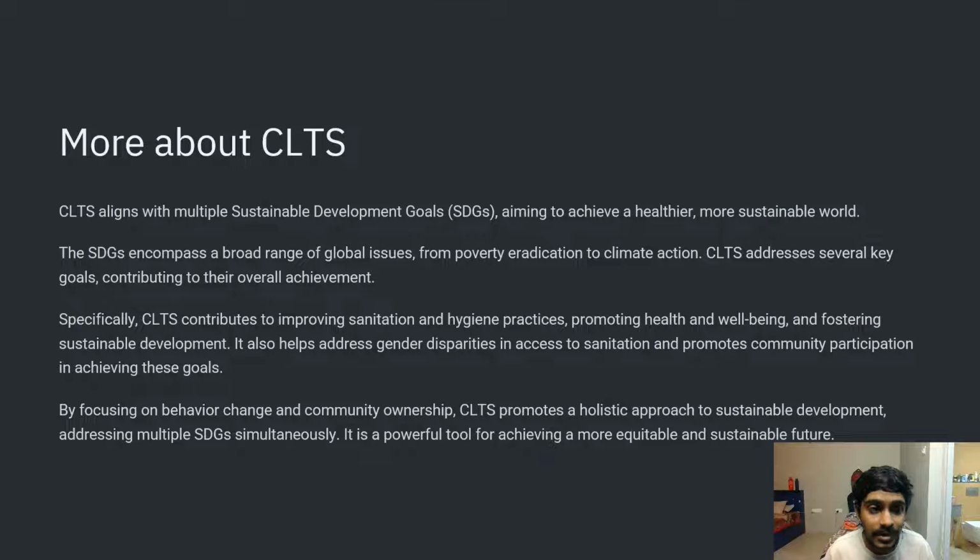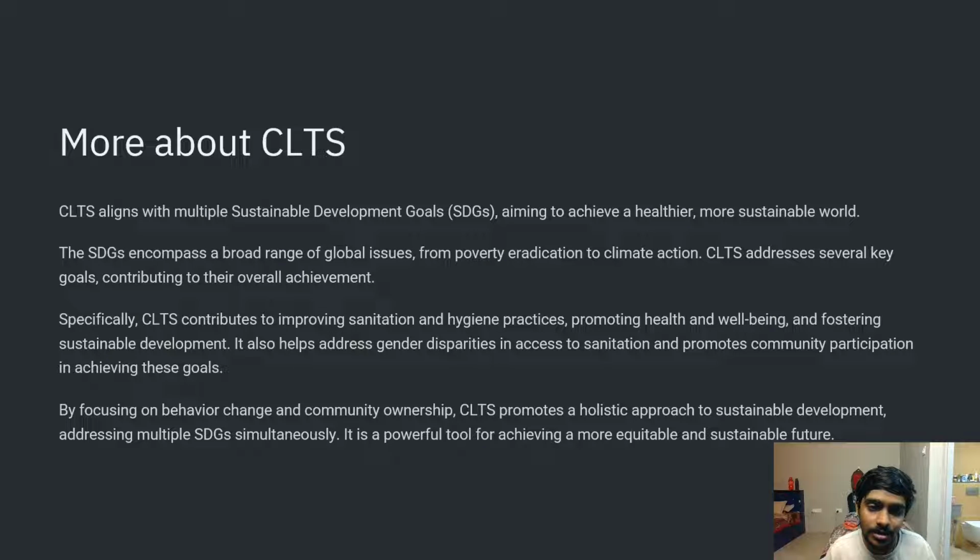Talking a little bit more about CLTS, it aligns with multiple SDGs, like I mentioned, aiming to achieve a better, healthier and more sustainable world. SDGs in general encompass a broad range of global issues, from poverty eradication all the way to climate action. CLTS addresses several key goals, contributing to their overall achievement.